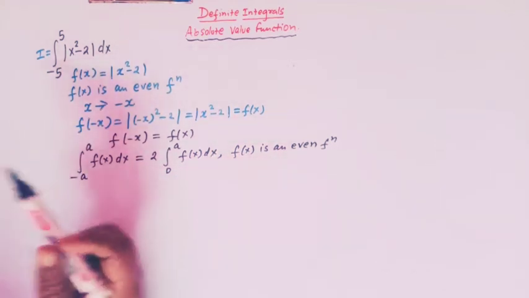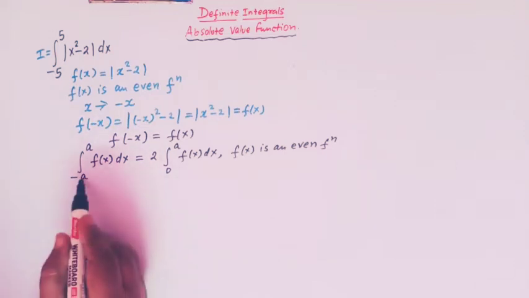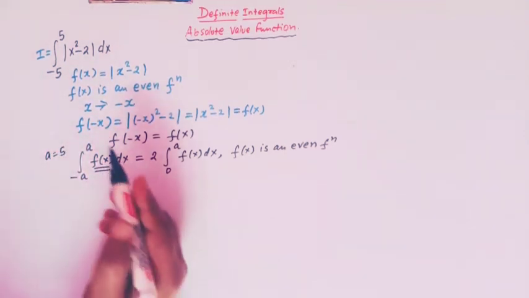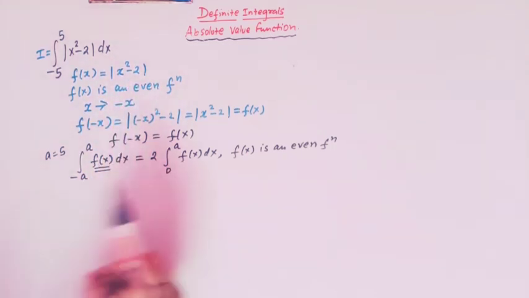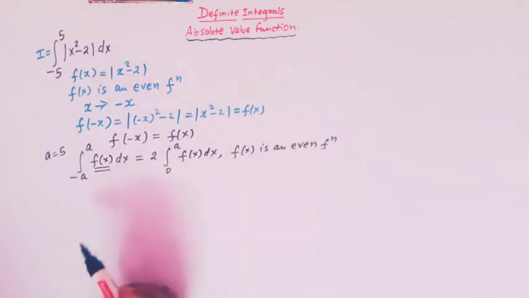If we compare these two integrals, we see that the value of a is 5 and f of x is mod of x square minus 2, which we have already shown is an even function.